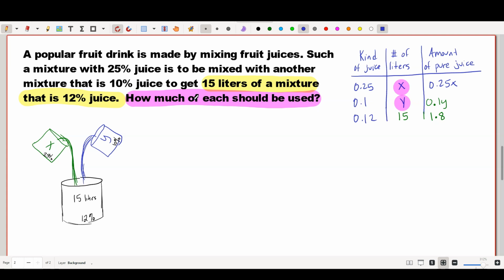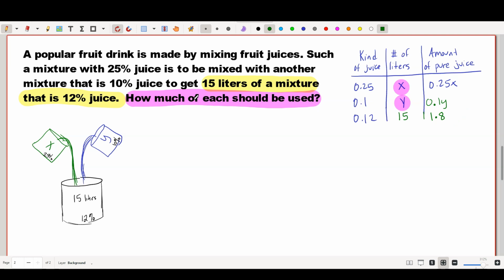So here's where we're going to create our linear system, and we're going to create these equations that show us the constraints of the problem. One way you could look at these different columns is, if you look at this column over here, we know that the end result has to have 1.8 liters of pure juice.